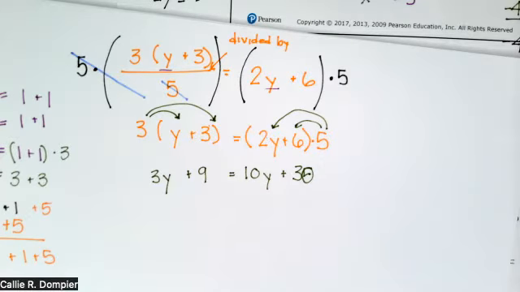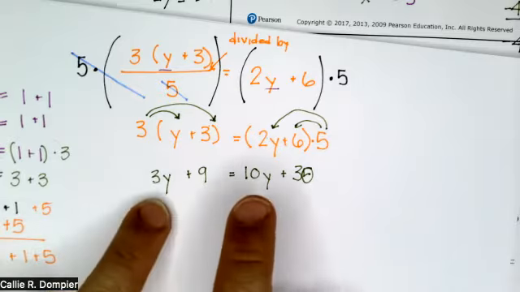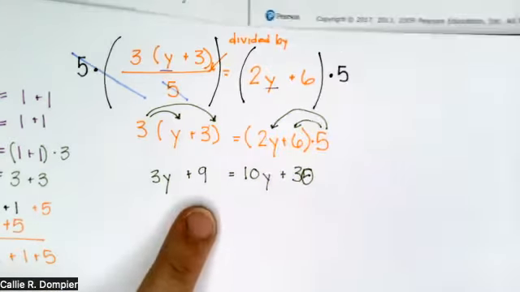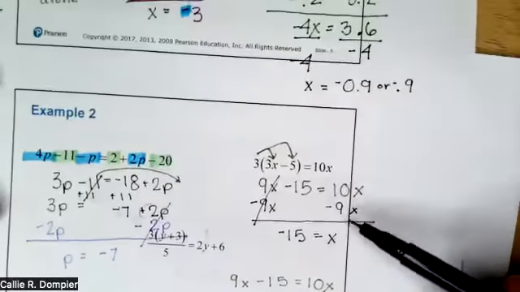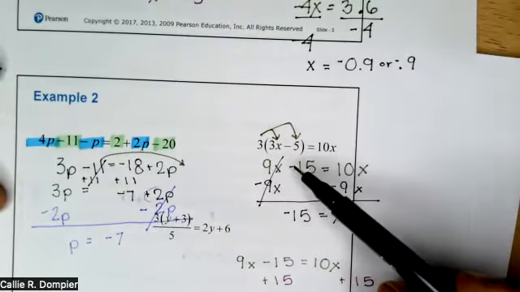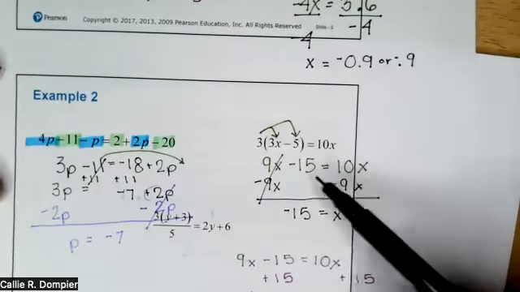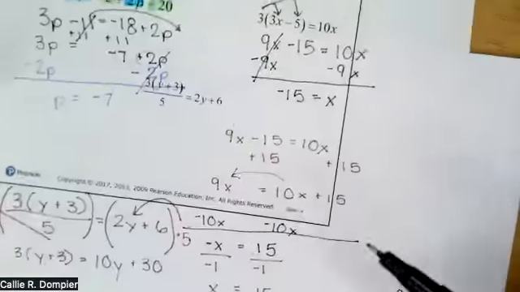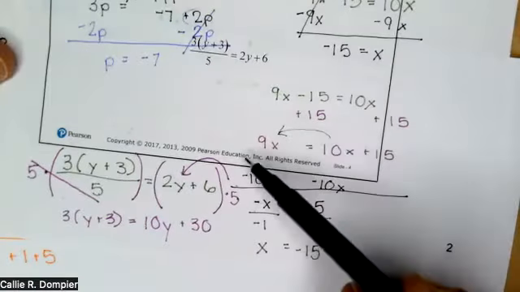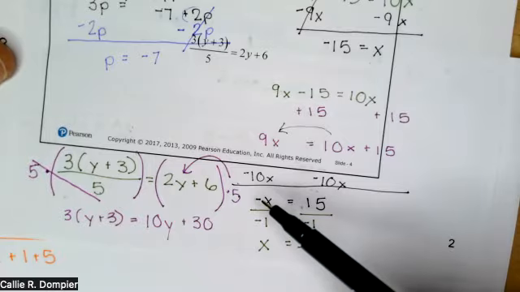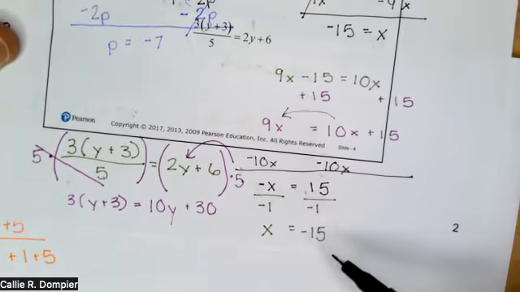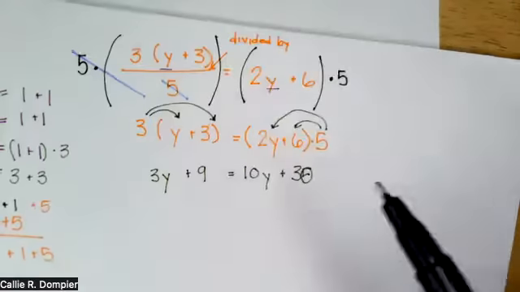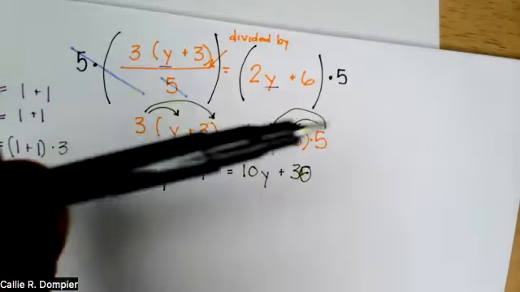Good? All right. Now I have a y on either side of the equal sign, and I have a constant on either side of the equal sign. Over here, when I had 9x minus 15 equals 10x, I just moved the 9x because it was faster than moving the 10x and then having a negative x and dividing by -1 to get the same answer, right? So it does not matter if the y's go over here or go over here.